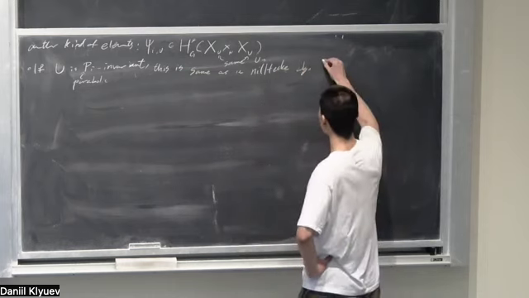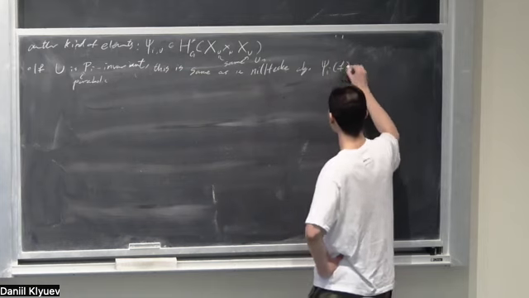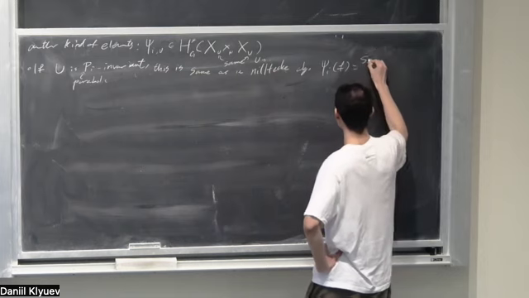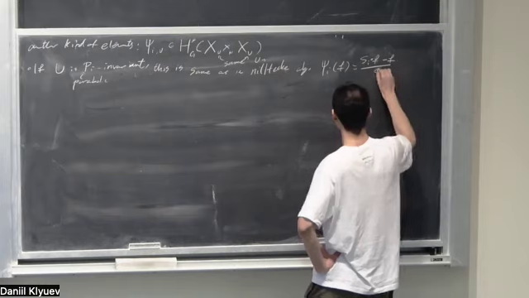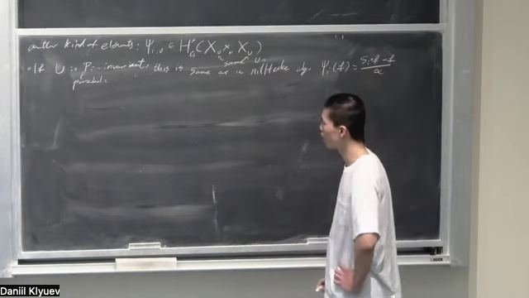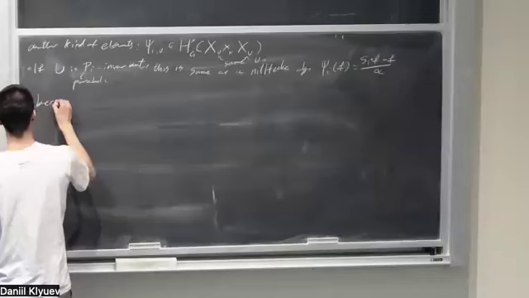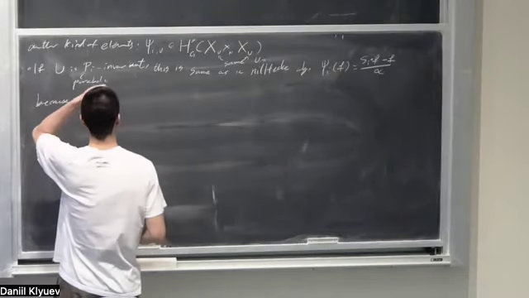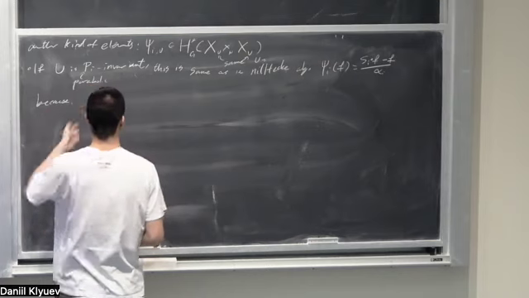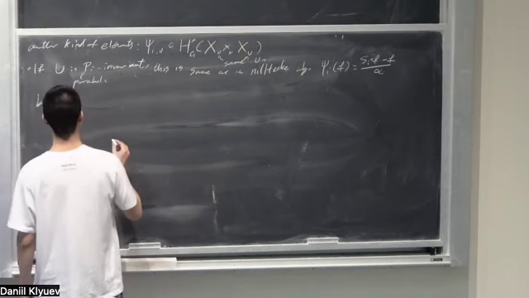So sigma I acting on F will be Si acting on F minus F over alpha sub I. Oh sorry, I didn't even say what this is supposed to be.